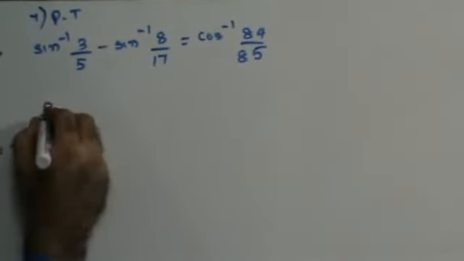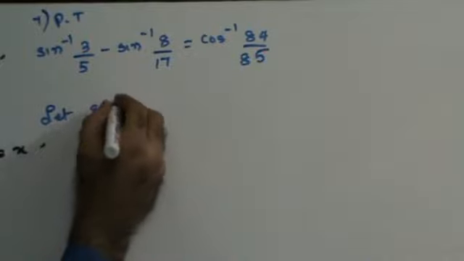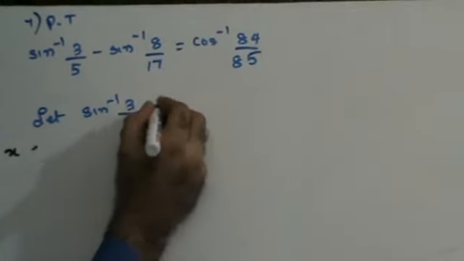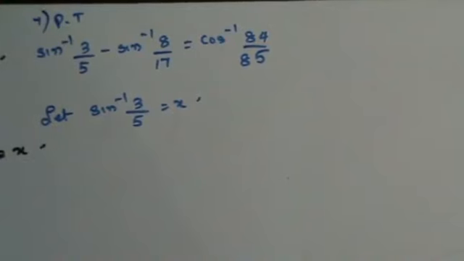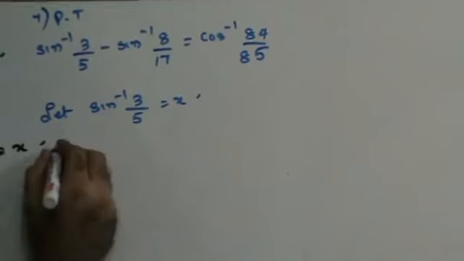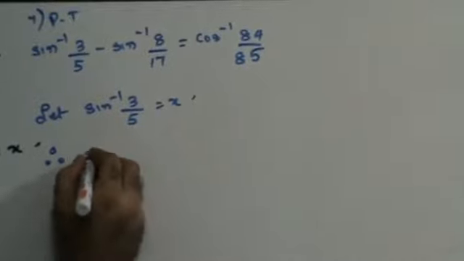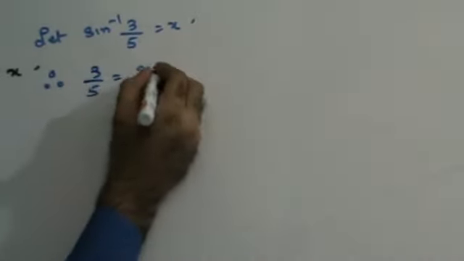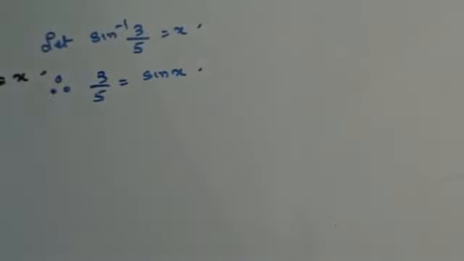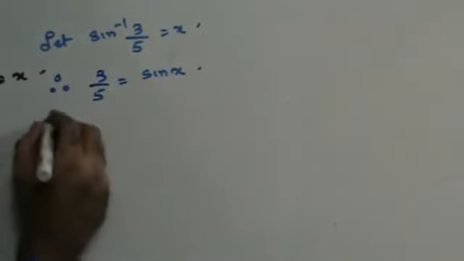Right? Let's see how we do this. Let us assume that sine inverse of 3 by 5 is x. In which case I can say that if I take the sine function on the other side, 3 by 5 is equal to sine x.